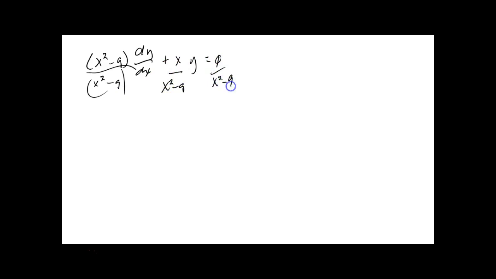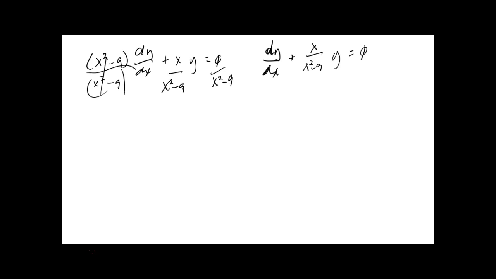That goes to 0, and then we have dy dx all by itself, plus x over x squared minus 9 times y is equal to 0. Is that in standard form? Yes, it is.